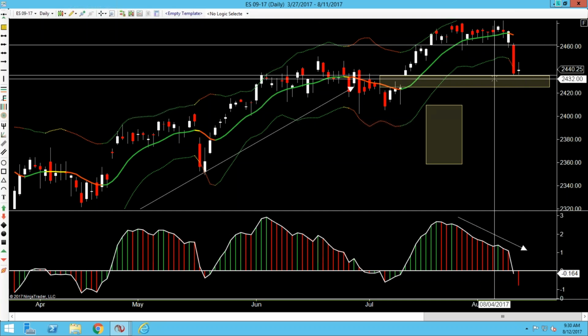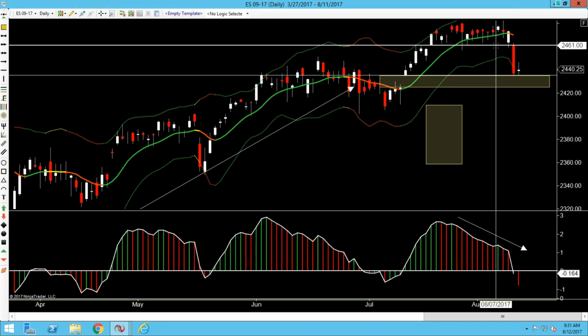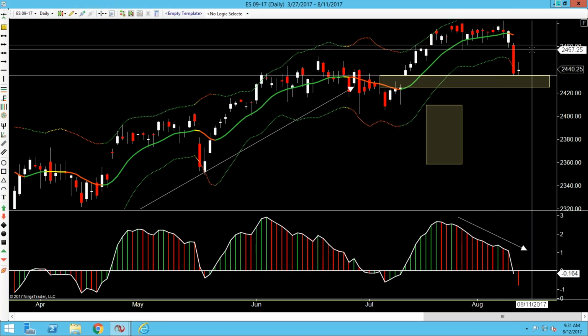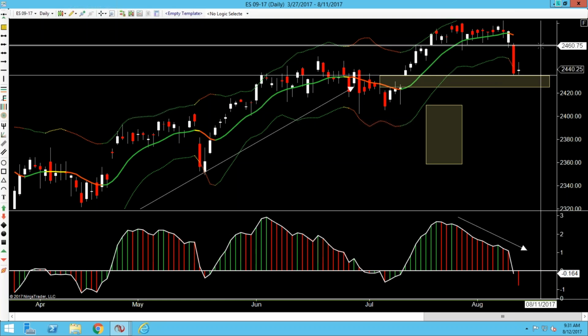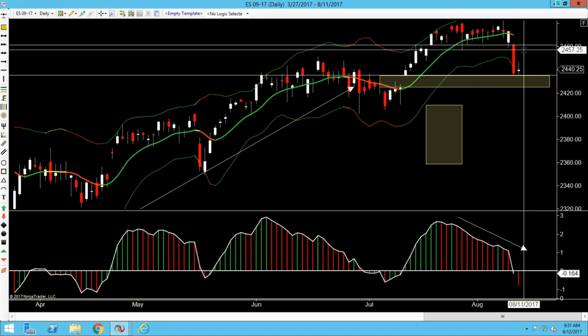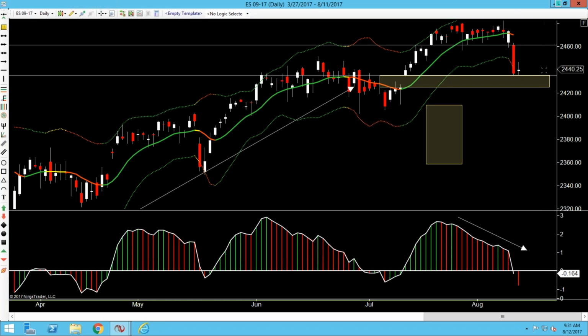But since we have hit that gap line and we're a mile away from the opposite gap line, I would probably see either some bounces and some backfill at some point. So it could get choppy, messy in this market.